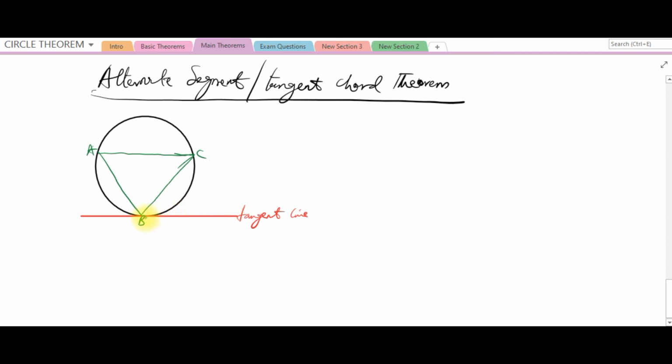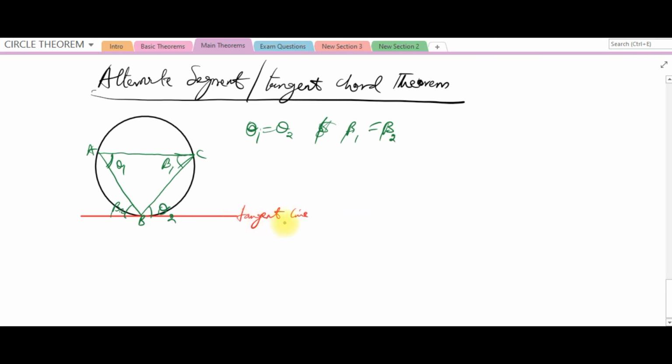So the three of them meet at a common point. If you have theta 1 here, it is always equal to theta 2. And if you have beta 1, it is always equal to beta 2. So that's what the theorem states.